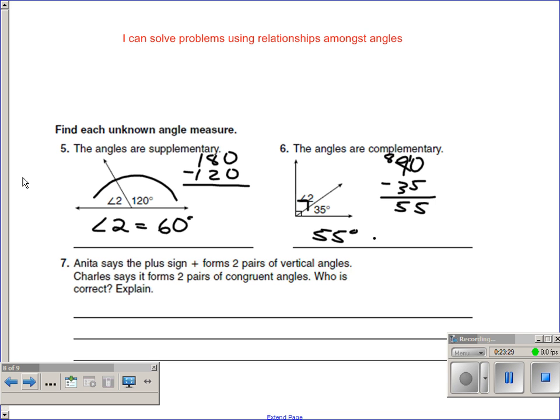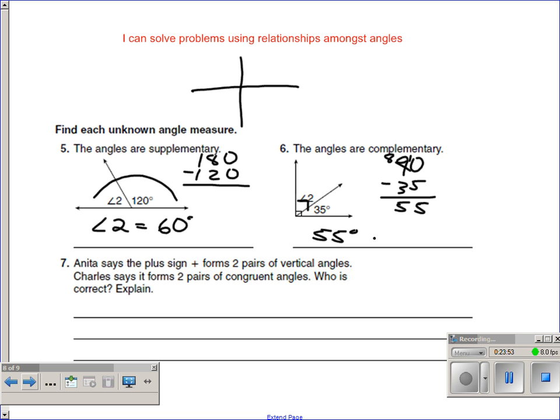I would agree if we look at a plus sign that there are two pairs of vertical angles. We have one here and one here, that's one pair, and one here and one here, that's another pair, right? Charles says that it forms two pairs of congruent angles. They're both correct.